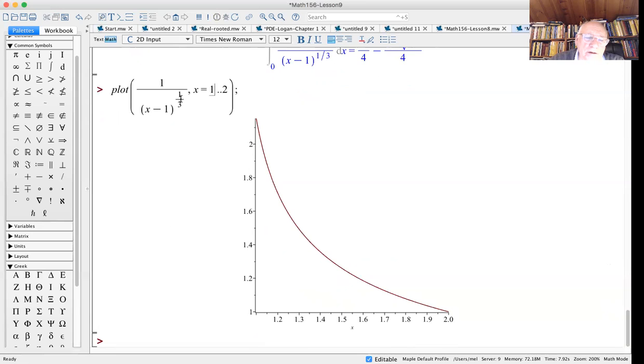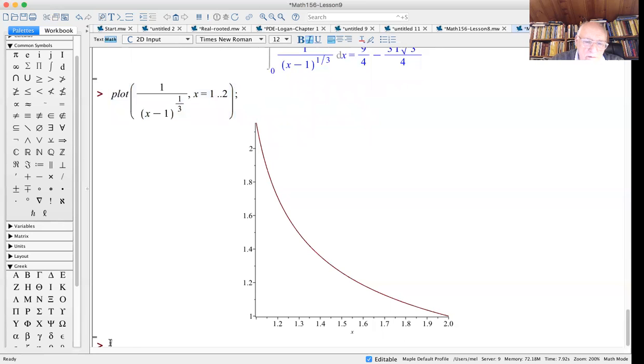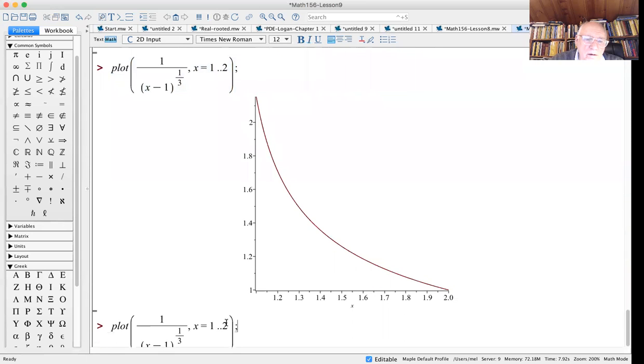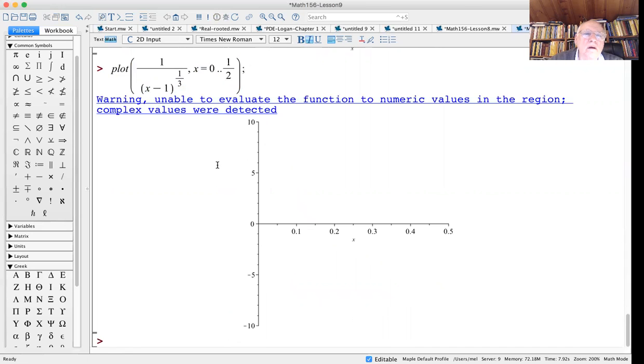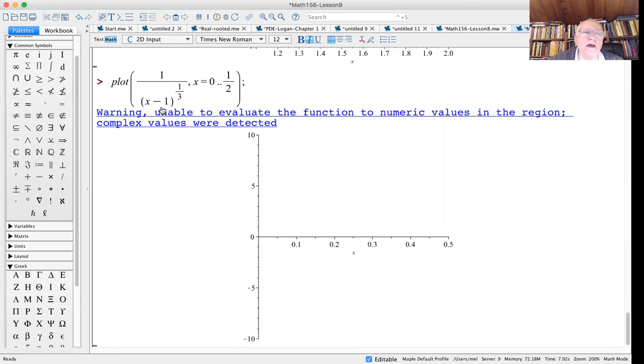So this is going to plus infinity. Huh. Now, when x is less than 1, this is negative. Cube root is negative. I don't see why the function doesn't want to graph this.